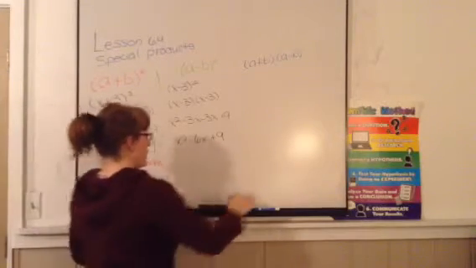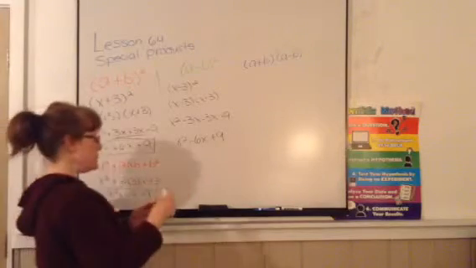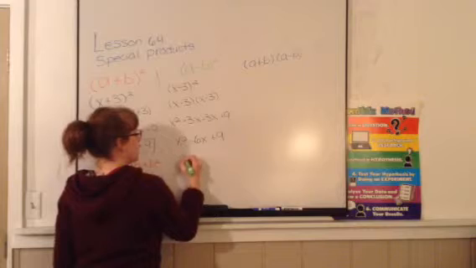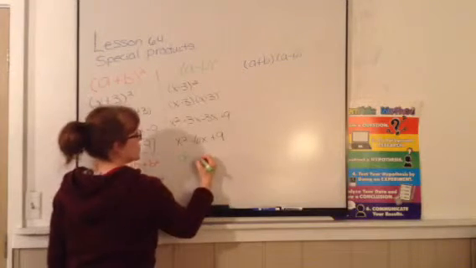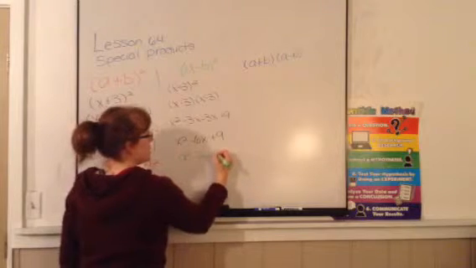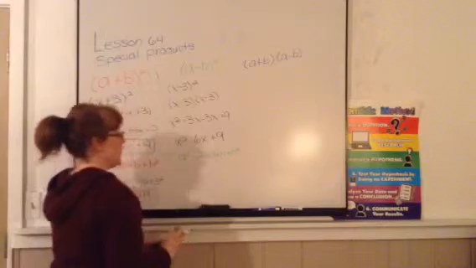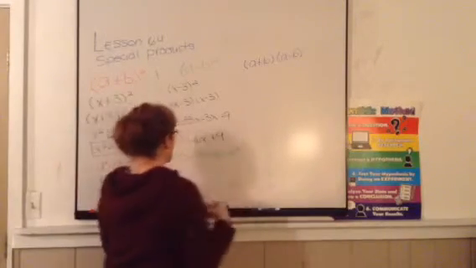Okay? So for this one, our special formula is going to be a squared minus 2 times a times b plus b squared. Now let me plug in my numbers and you can see what that is.